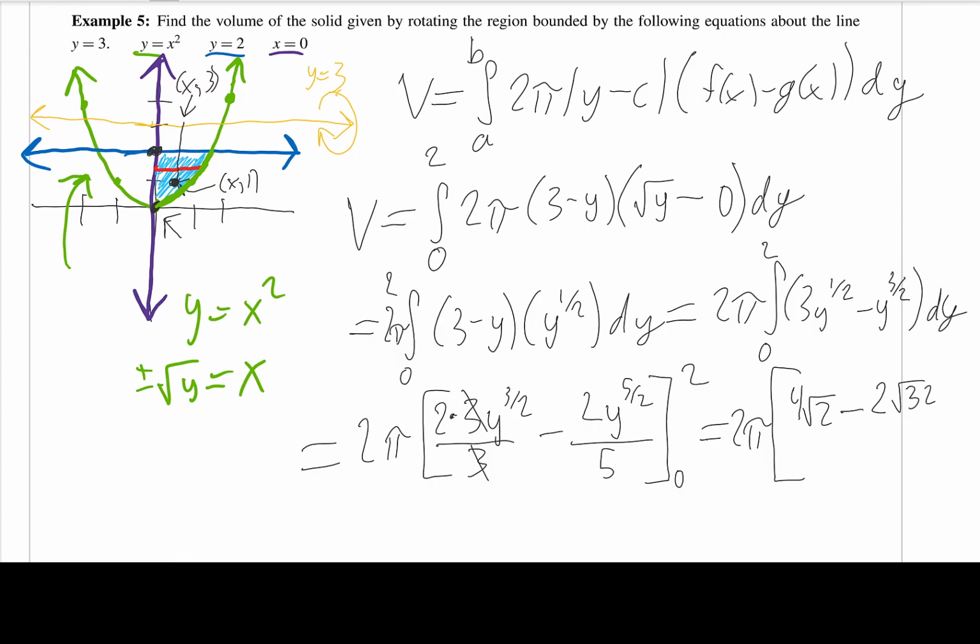Alright, well, I can factor a 4 out of that twice. So that'll give me 8 root 2 over 5. Okay.